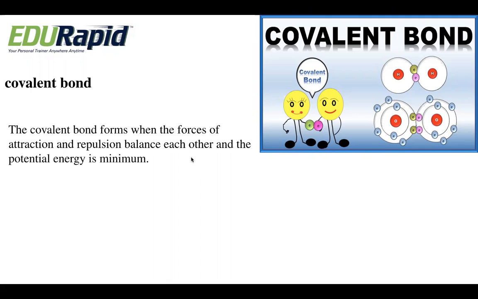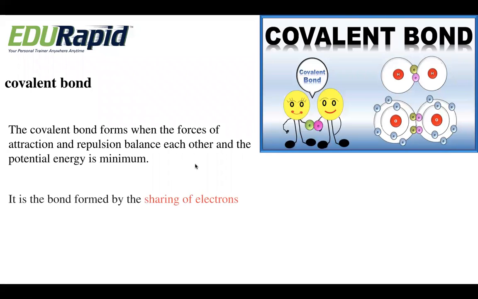When the two atoms reach equilibrium in position, they will bind each other, or we can say when their potential energy is minimum. When the two atoms' potential energy is minimum, they undergo bonding, and such bonding is called a covalent bond. We have another definition.